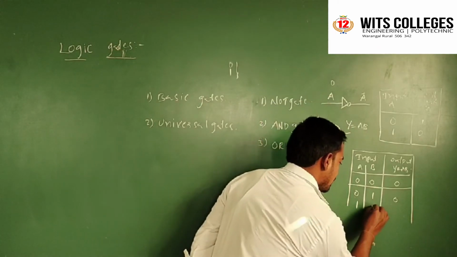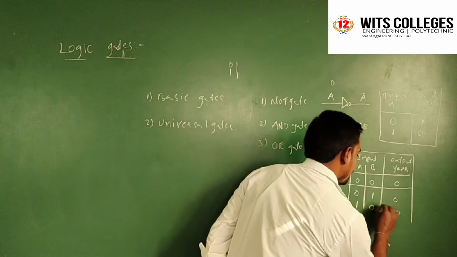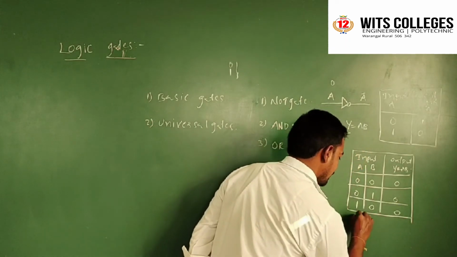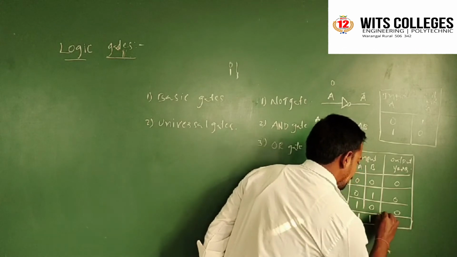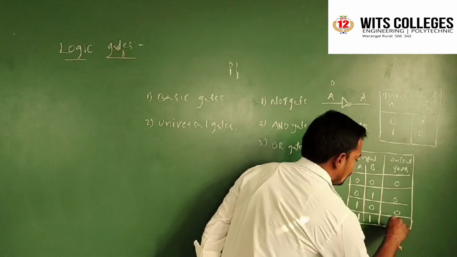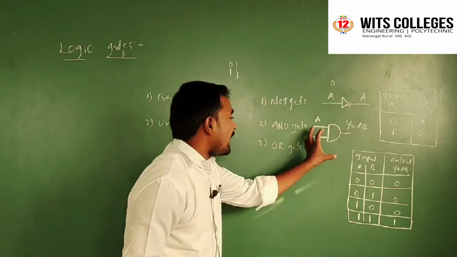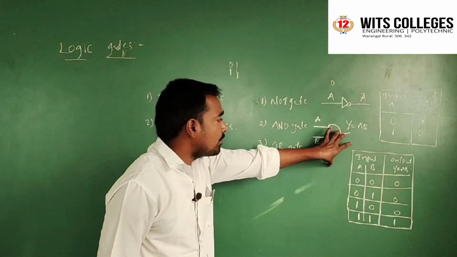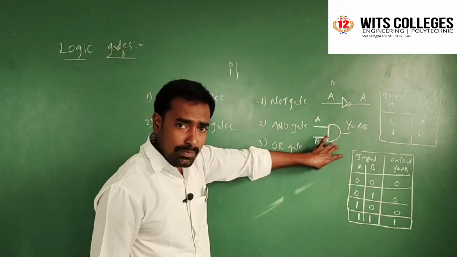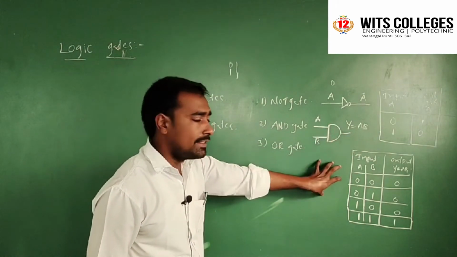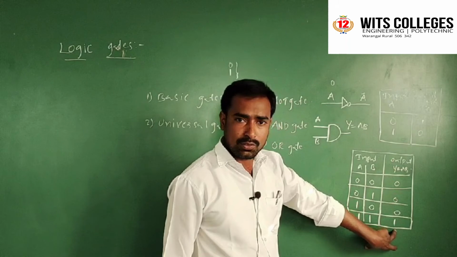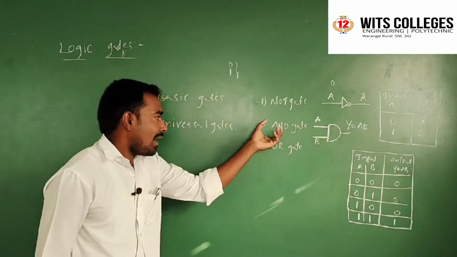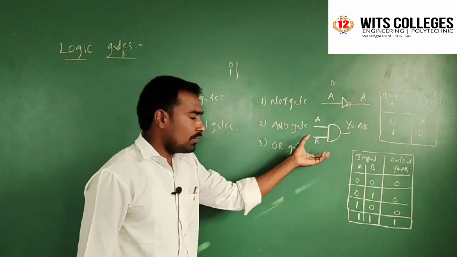Next 1 cross 0 gives output 0, and the last one, 1 cross 1, is equal to 1. That means the AND gate gives active high output only when all the inputs are active high. So this is the AND gate and its operation.